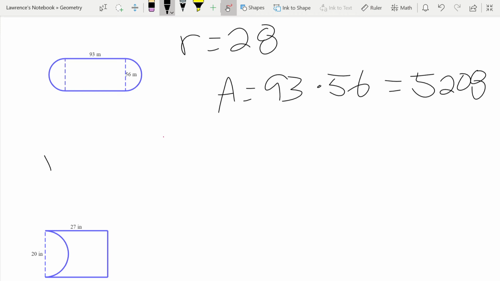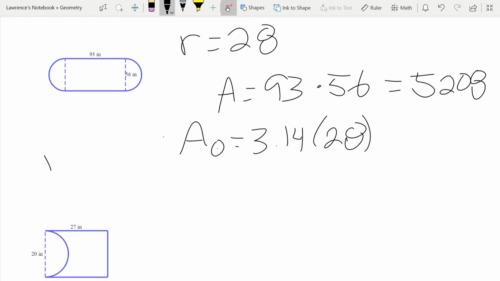And then the circle, because there are two halves there, the area of the circle is 3.14 times the radius, which is 28, squared.